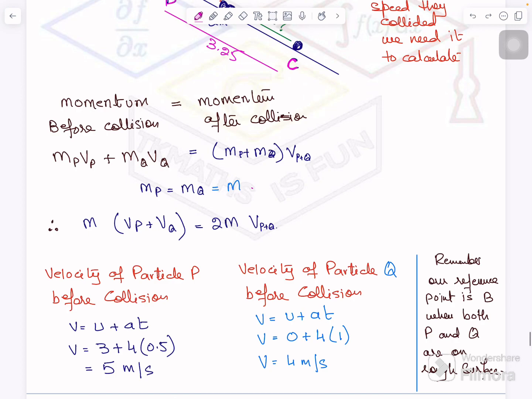And momentum, you know, is mass into velocity, right? Because of the law of conservation of linear momentum, we consider that energy is not wasted, and the momentum of the system before the collision and after the collision remains the same. So that's why we keep it like this.